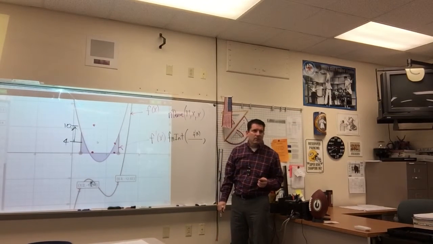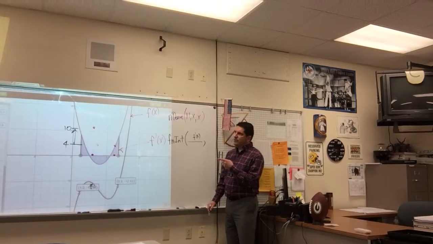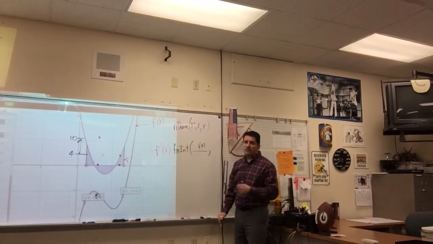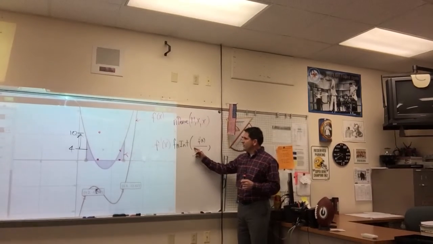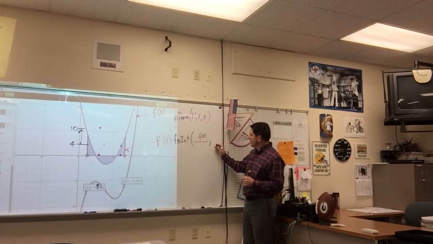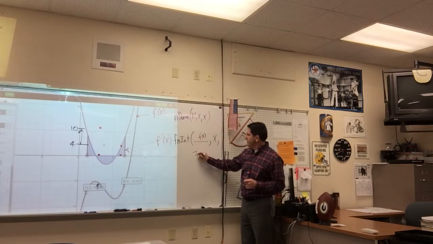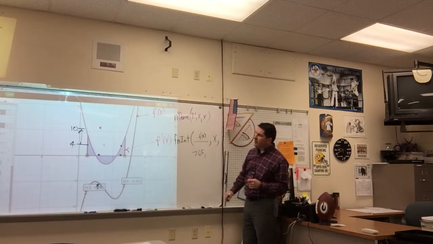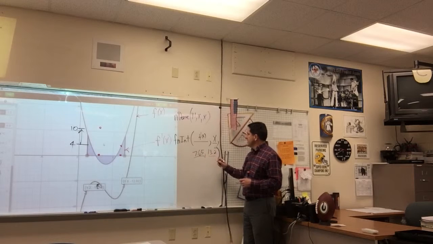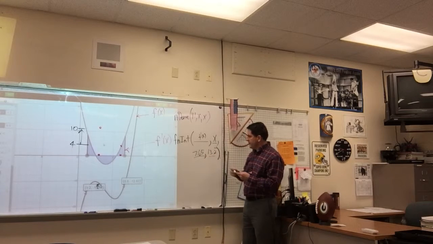Put that function into y1. Find the derivative in y2, because you've got to take the derivative first. If you have the old operating system, you go f prime first, then x, then 7.65, then 13.2. Those are the four parameters, four things separated by three commas.